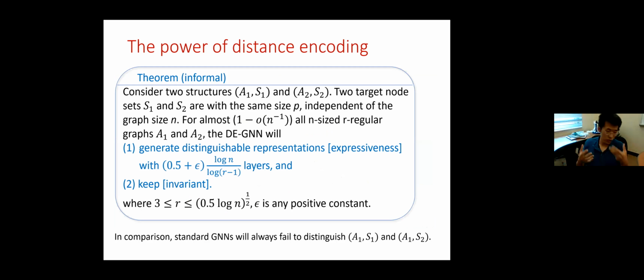Although this distance encoding technique is very simple, it can be extremely effective. Let's first see the theoretical characterization.